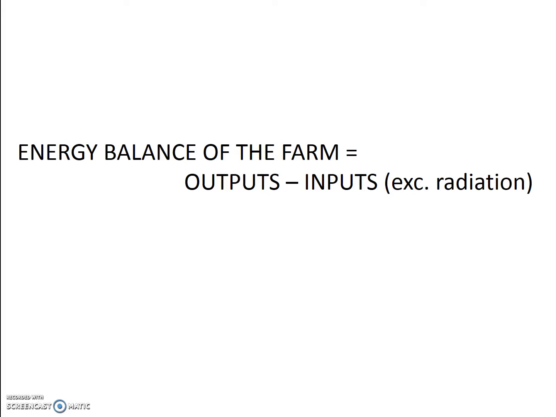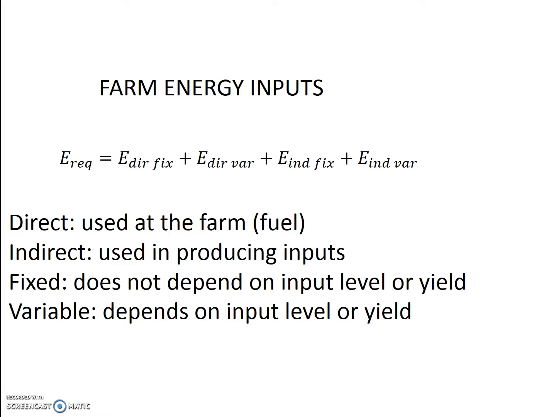Now we will look at the energy balance of the farm by looking at the difference between the outputs of energy from the farm and the inputs of energy, excluding the radiation coming from the sun. We can classify the inputs of energy to the farm according to different criteria.